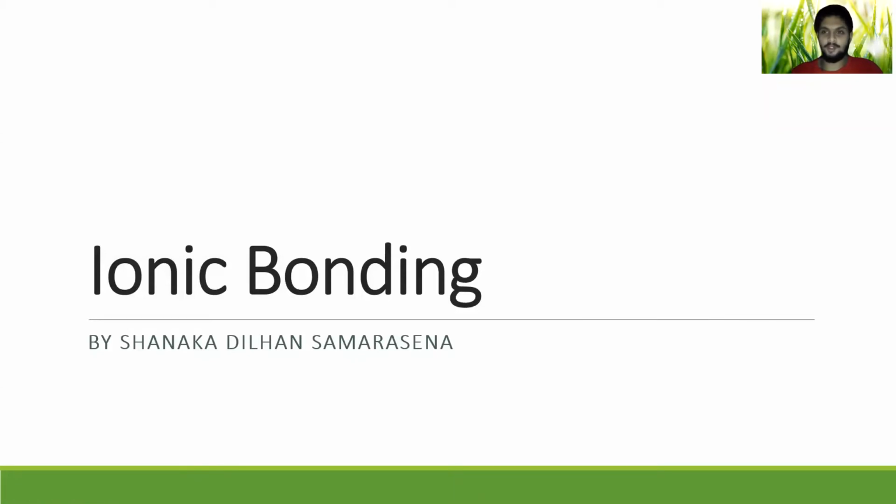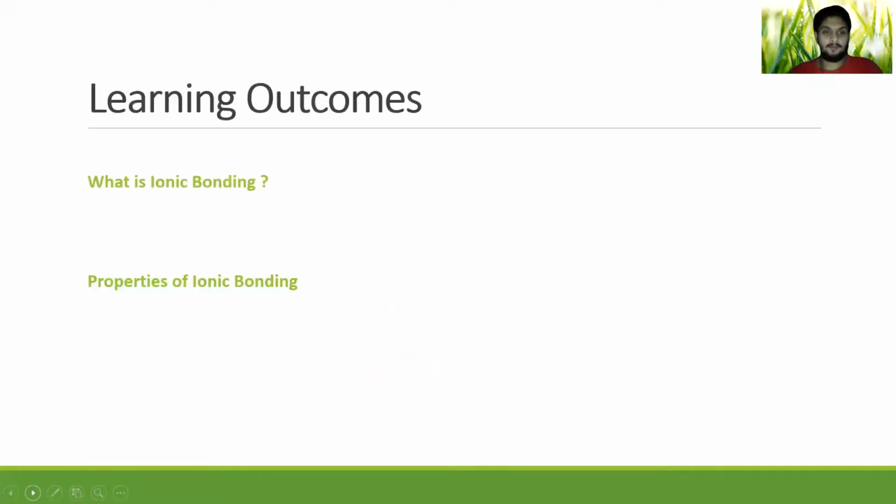In this video, we're going to discuss ionic bonding, which is another type of chemical bond. It will be a very new term for you, but we'll be looking into it step by step. The learning outcomes of this video are that you'll be able to know and understand what an ionic bond is, and we will discuss the properties of ionic bonding.